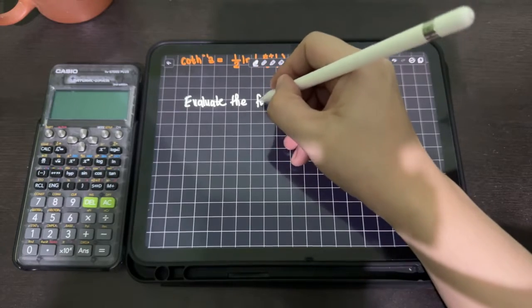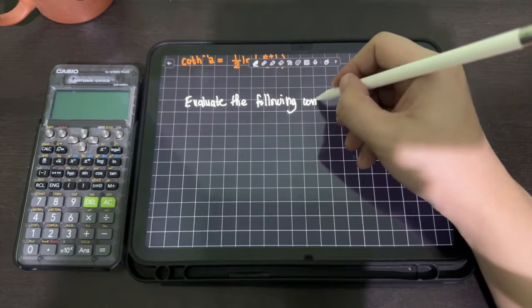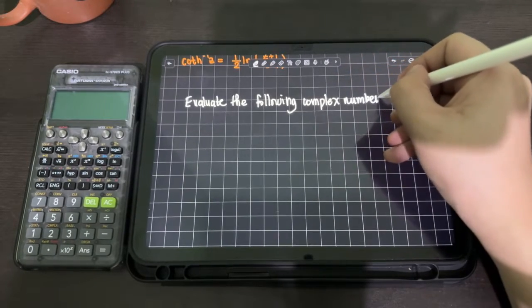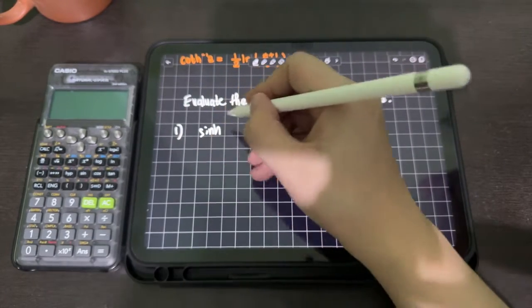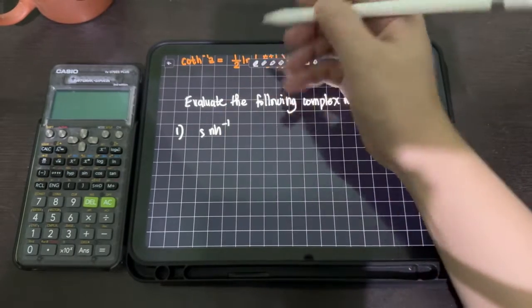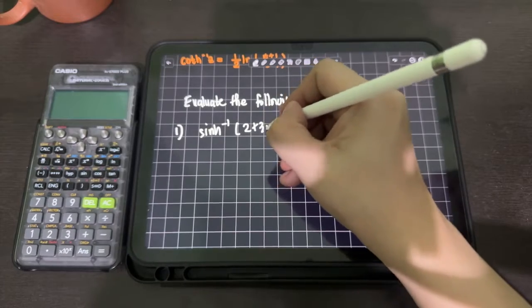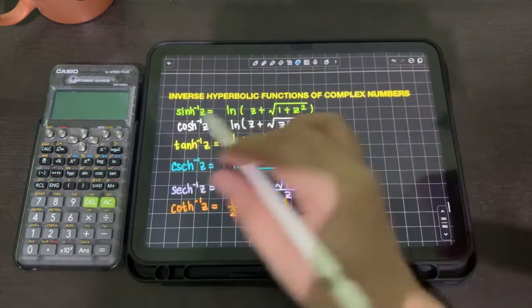Evaluate the following complex numbers. For number 1, what if we have arcsinh of 2 plus 3i. Okay, so we will apply the formula.